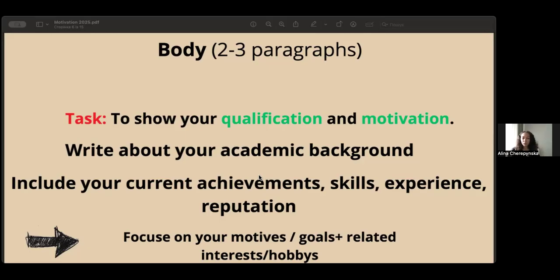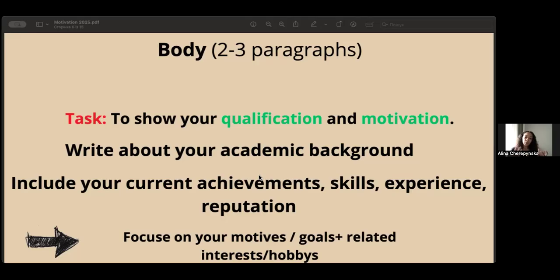Speaking about experience, that's once again pretty close to the general achievements, but at the same time, you may speak about some project that you have worked on. You may speak about your future project that you want to work with or develop. Reputation, once again, also depends on your achievements and your experience.